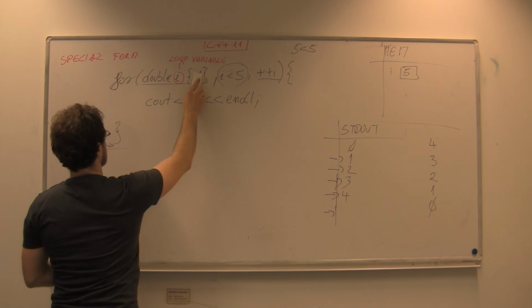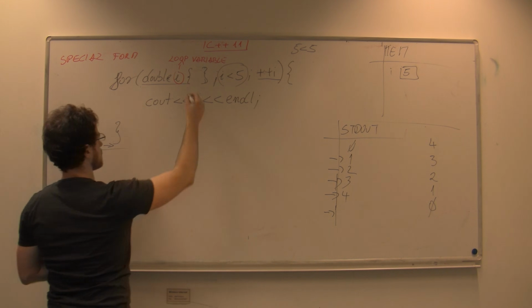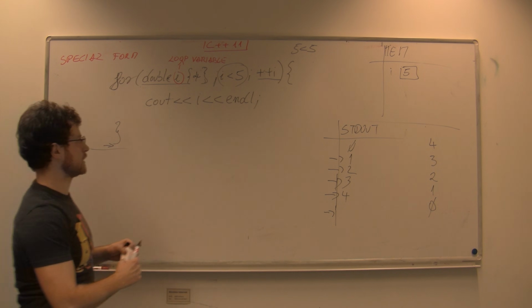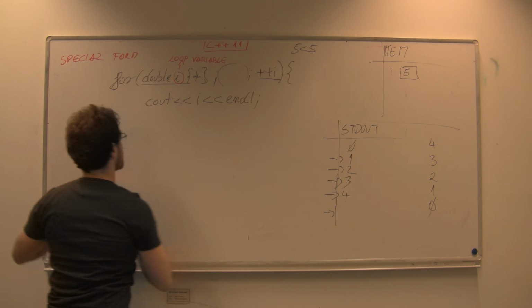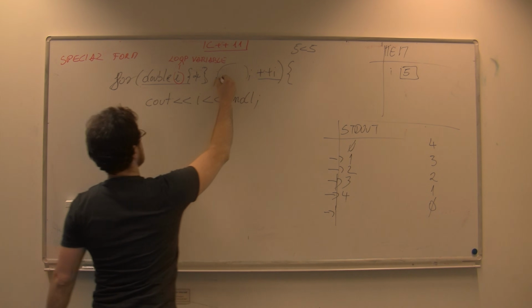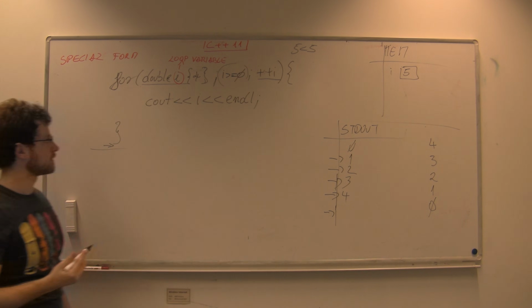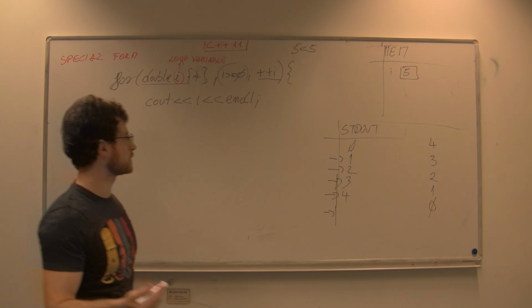So instead of initializing i to 0, we will initialize it to 4. And then we need to change the loop condition into this. So while the loop variable is greater than or equal to 0, the loop will continue.